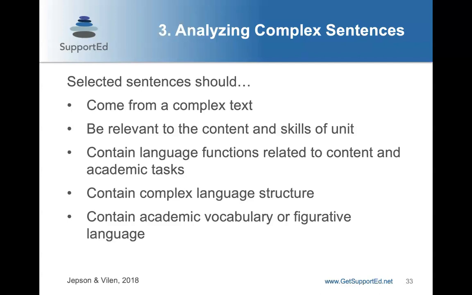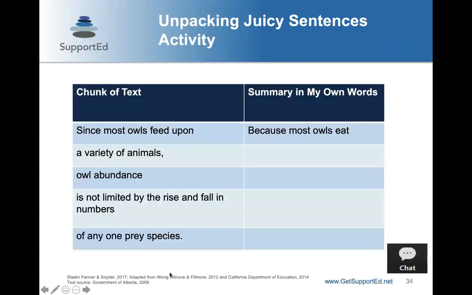So again, be very selective about the types of sentences that you choose, contain complex language structure, and contain academic vocabulary or figurative language. So again, choosing these juicy sentences that are really going to help students engage and think about how they can break down those sentences. So we're going to give it a try here.